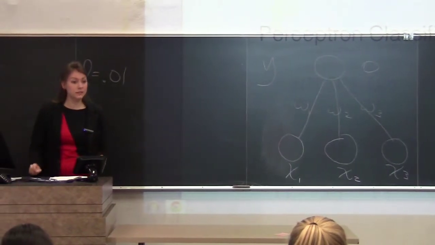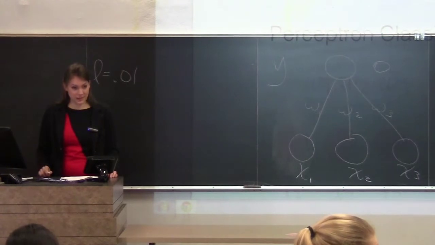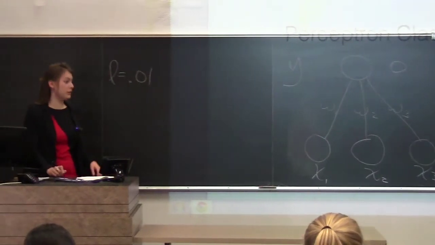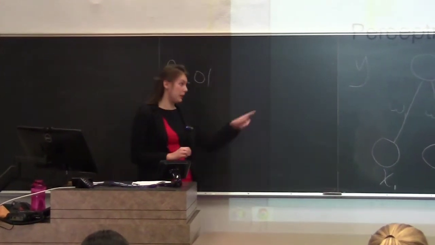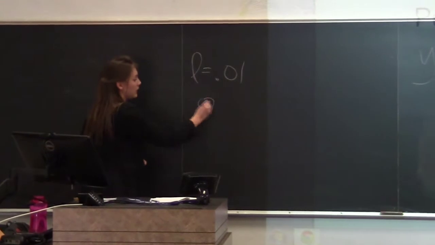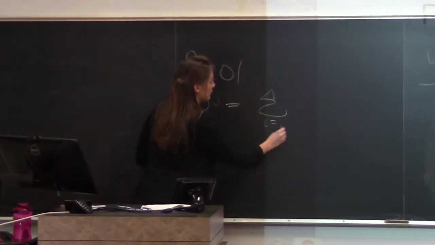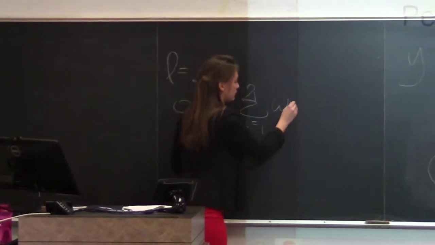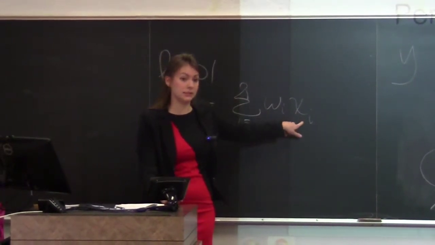The sum of what? Is it like x1, w1 plus x2? Yeah, x1 w1, x2 w2, x3 w3. So it's a weighted sum of the inputs, and it's weighted by w1, w2, and w3. So we can write that as O_j equals the sum over all neurons of the weight times x_i.